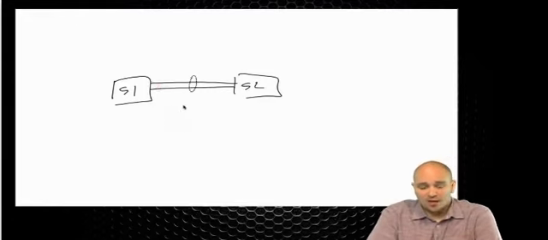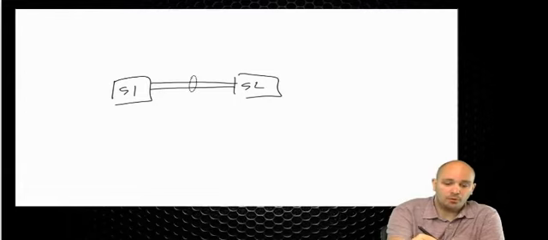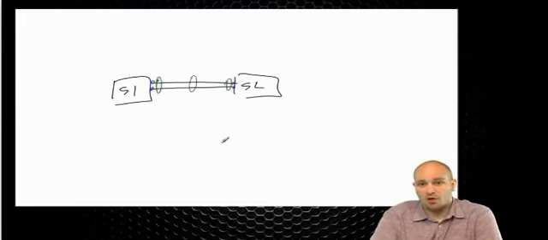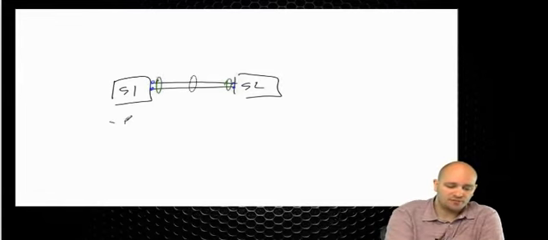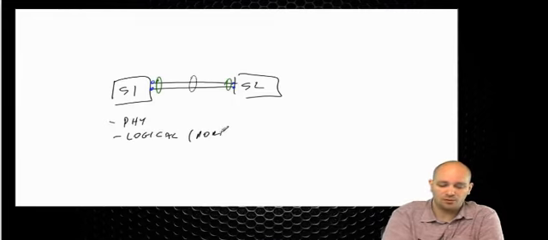Now, when we do that, we need to configure both the local interfaces that are participating in an EtherChannel, and we have to configure the actual bundle configurations on these two switches. So the configuration consists of physical interface configuration and the logical interface configuration, which in IOS is called port channel.